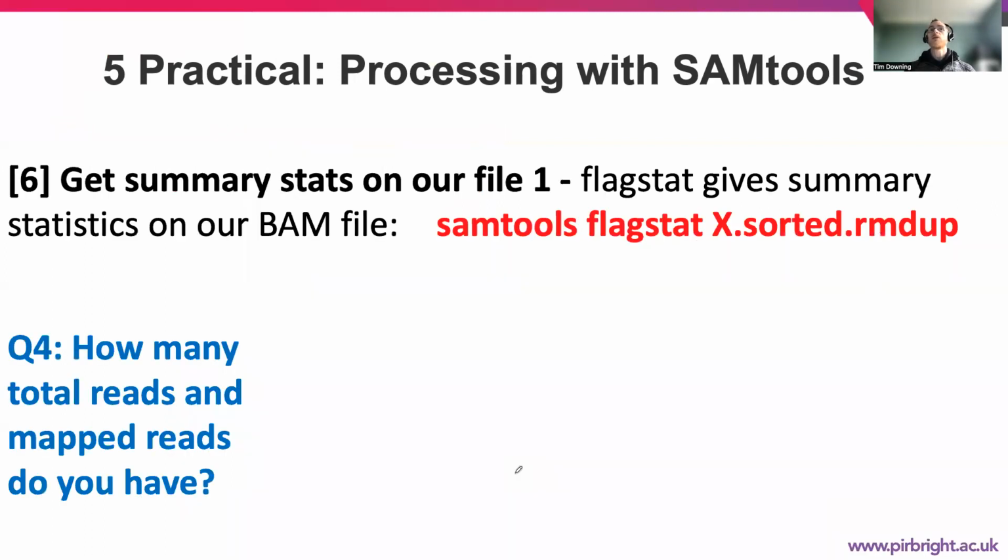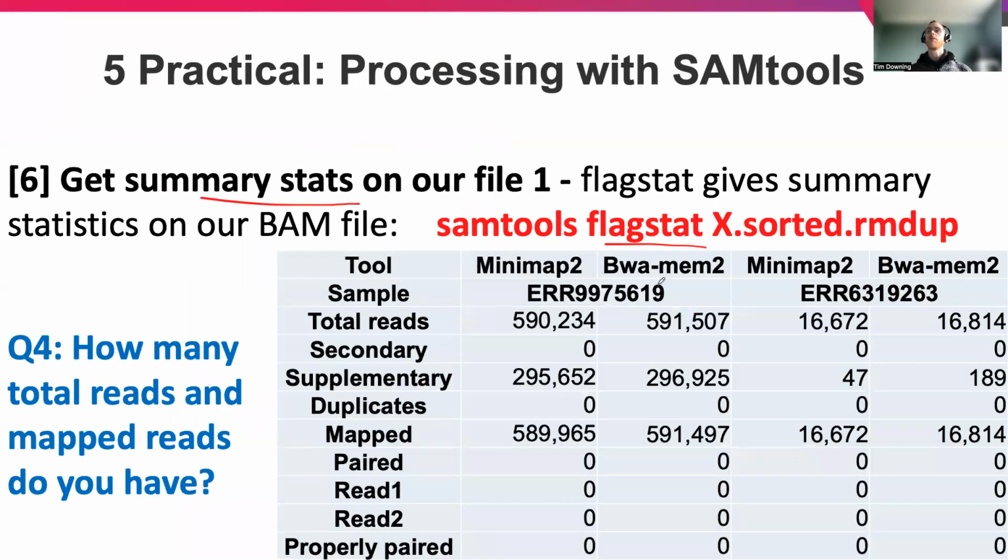We'll also look at how we can extract summary stats using the flagstat command with SAMtools, and that will give us information to maybe make a table like this, where this is our one sample mapped with minimap2 and BWA-MEM2, and the same for the other sample. I'm just using their accession number IDs, minimap2 and BWA-MEM2.